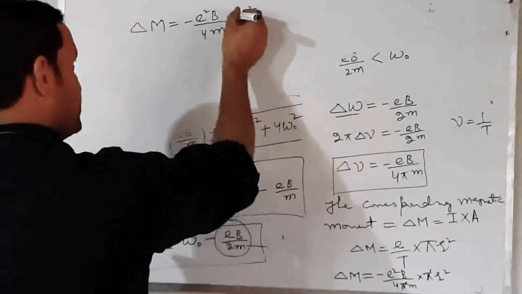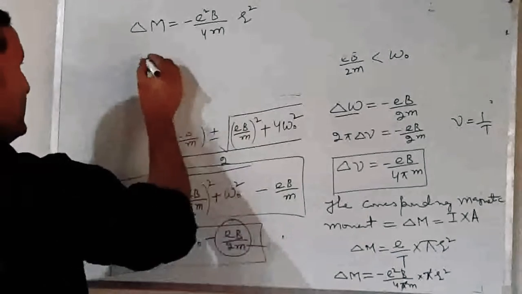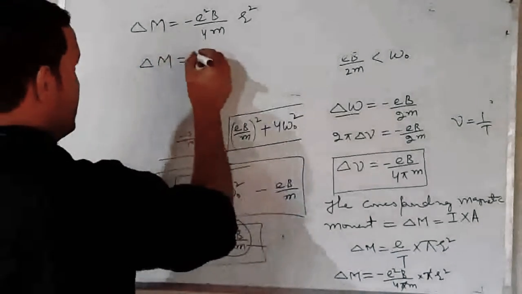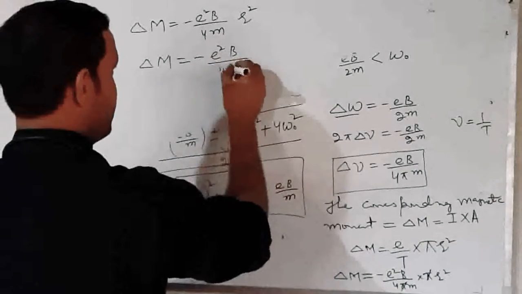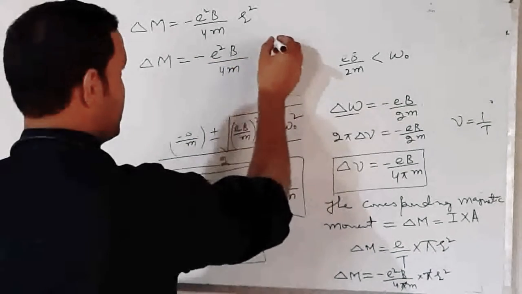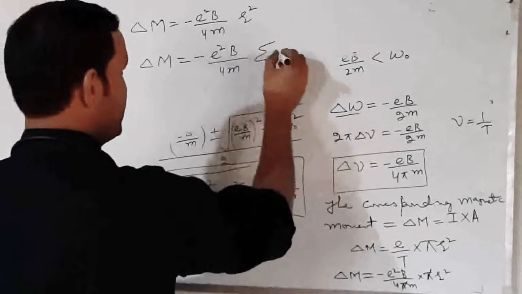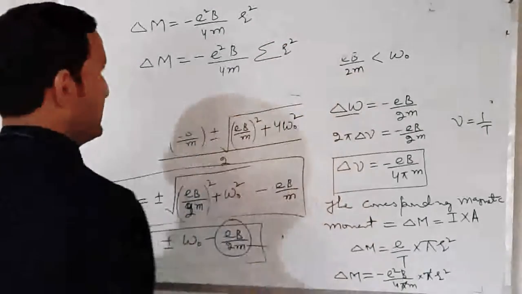It can be written as delta m equal to minus e square B upon 4m, summation of r square.